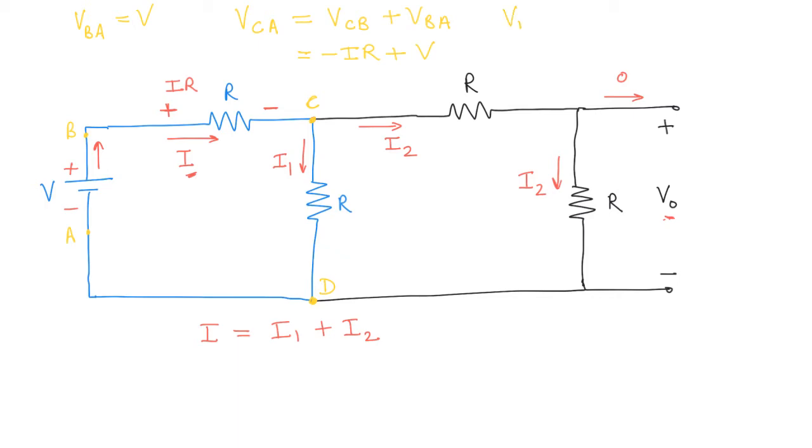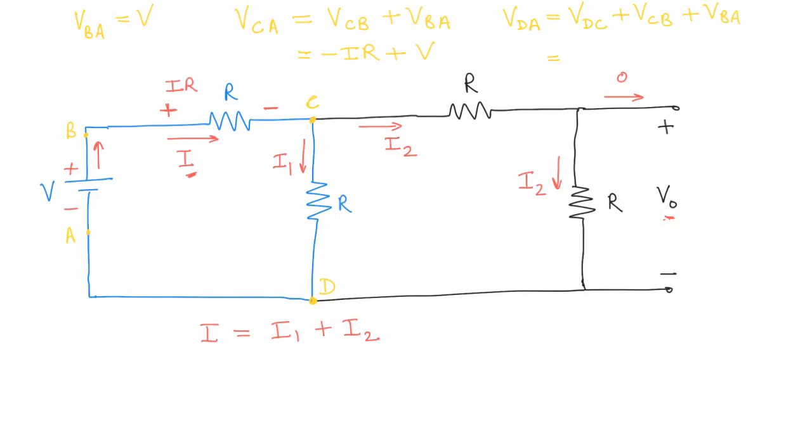So we have VDA equal to VDC plus VCB plus VBA. And what is that going to be? So we know these two potentials, VCB and VBA. What we don't know is this VDC. And what is this VDC going to be?